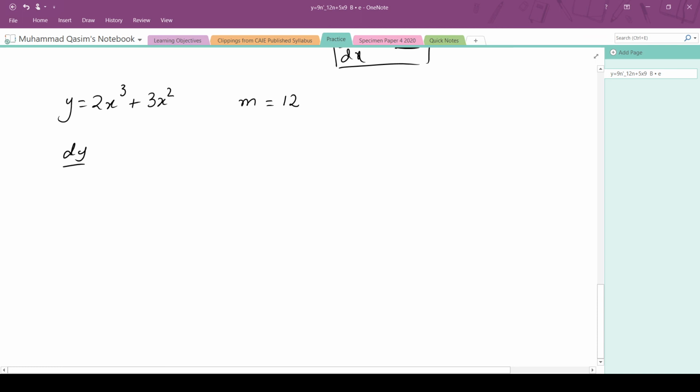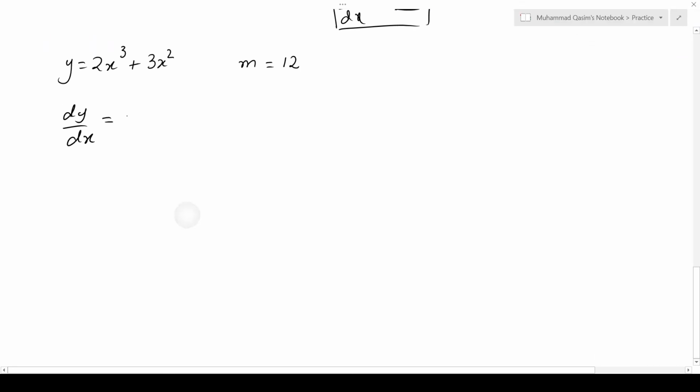So dy by dx equals, now 3 times 2 is going to give me 6, and the power of x is going to reduce by 1, so that will leave me with 2, plus 2 times 3 is 6, and the power of x will be reduced down by 1 and will leave us with 1. So this is the equation of the gradient.